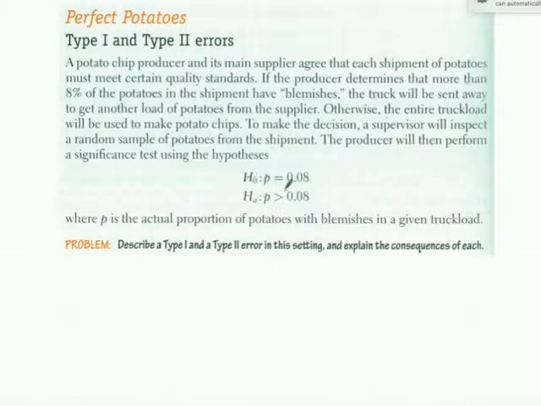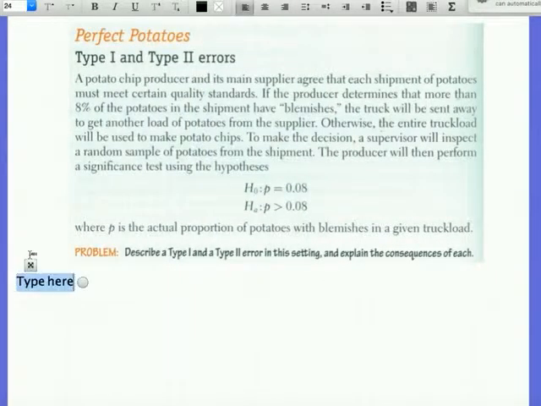So the null hypothesis is p equals 0.08. The alternative hypothesis is p is greater than 0.08, where p is the actual proportion of potatoes with blemishes in a given truckload. So we're going to describe what a type 1 and a type 2 error in this setting would be and the consequences of each.